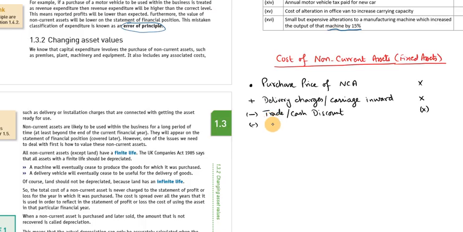less any subsidy or rebate by government. This amount will be subtracted.